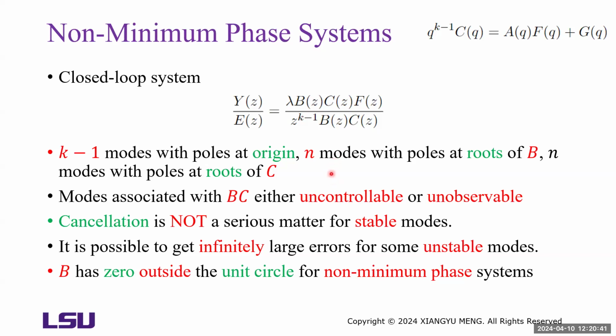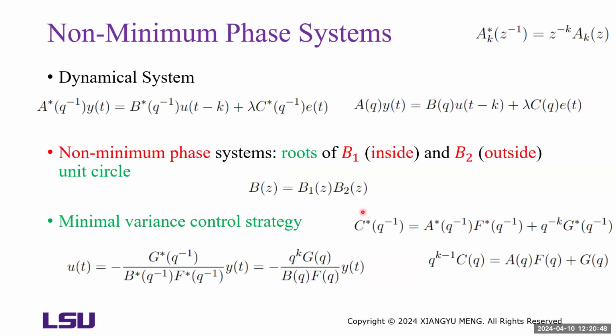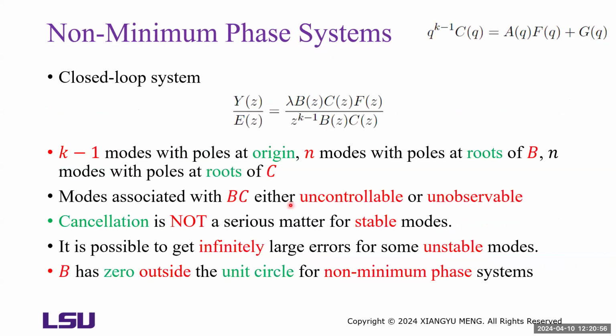Okay, so it will cause some problems. If the system is a non-minimum phase system, there are many ways to obtain control laws for non-minimum phase systems for which the closed loop system does not have unstable modes.